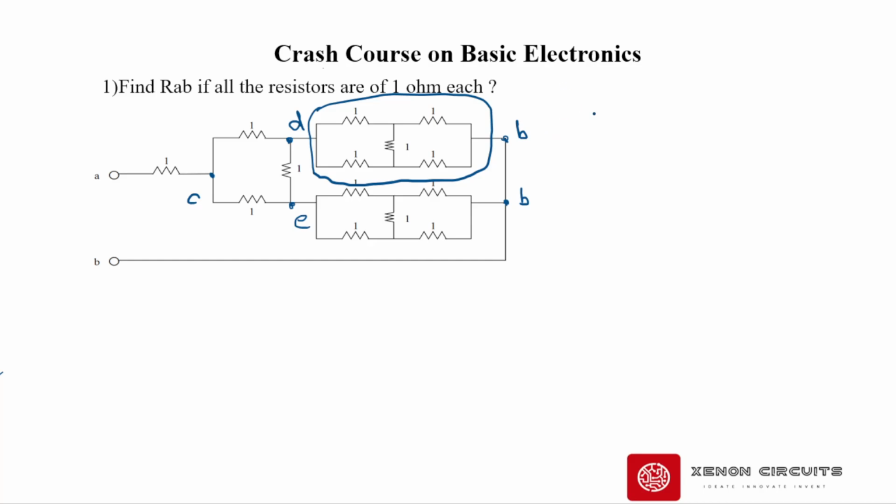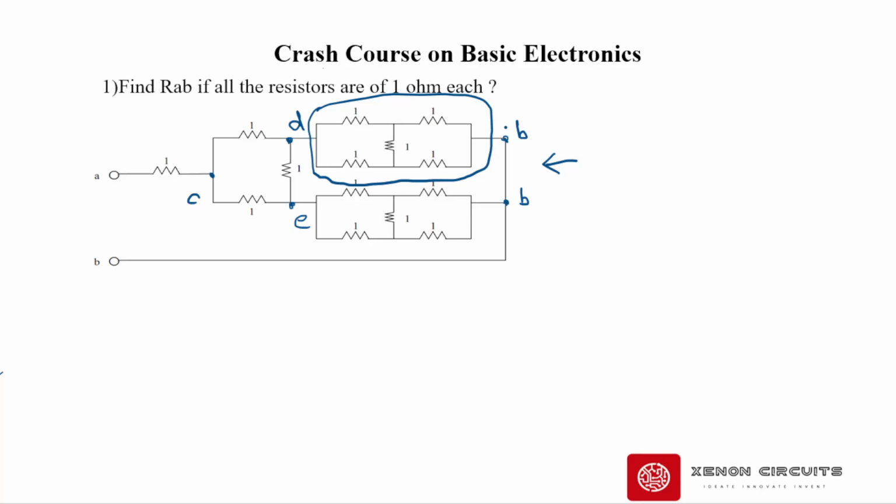So across D and B and E and B, the network is same. Whenever we have an R equivalent circuit, we should try to solve it in the opposite direction. Let's say if we are given a network where this is the open, then we need to solve it by coming at the opposite direction.